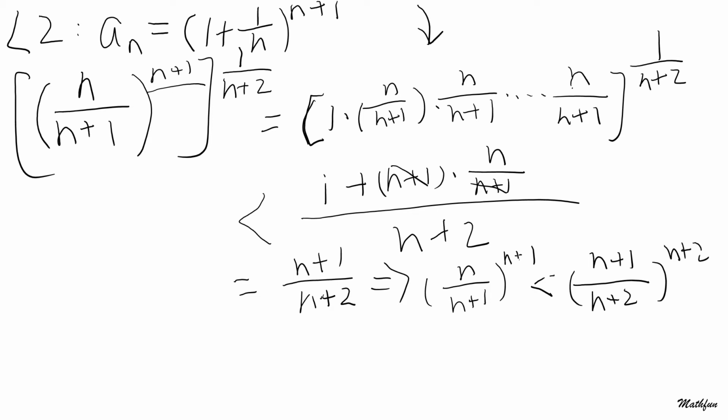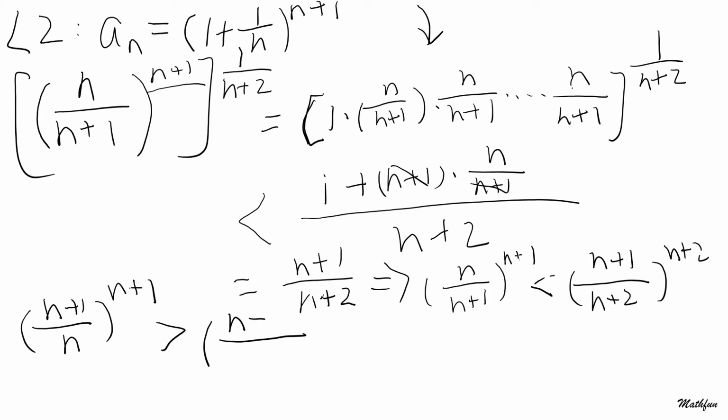And remember, obviously, those are positive numbers. Now let's take a reciprocal. If we take a reciprocal, that means n plus 1 over n to the power of n plus 1 will be bigger than n plus 2 over n plus 1 to the power of n plus 2, isn't it?